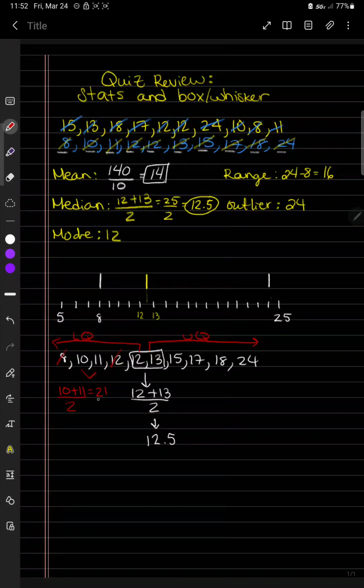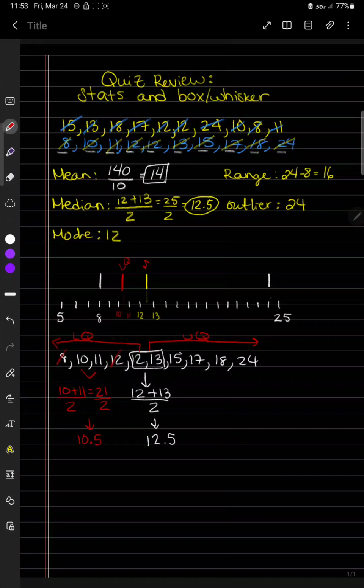That gives us 21. 21 divided by 2 is 10.5. So on our number line, we're going to do 10.5. So 10 is here, 11. So in the middle, about here. That's our lower quartile.